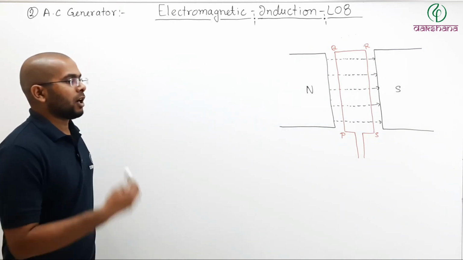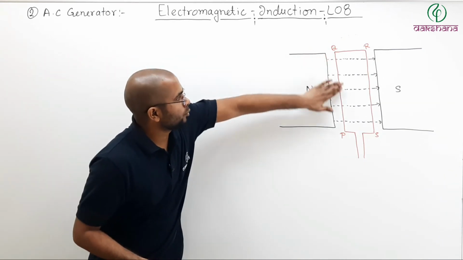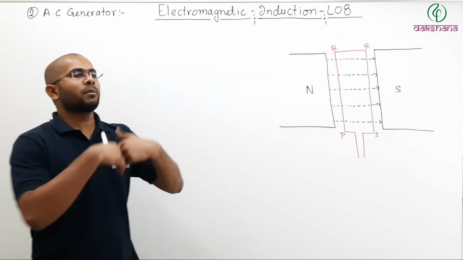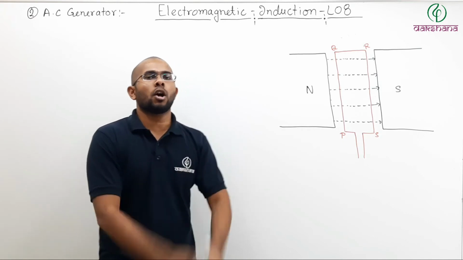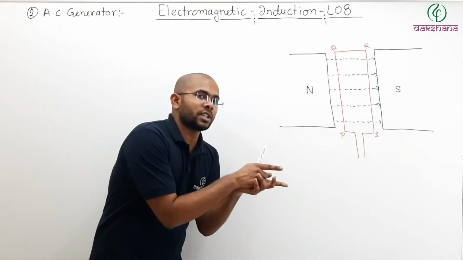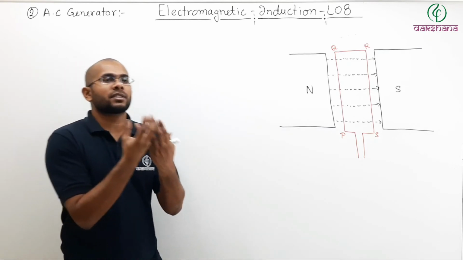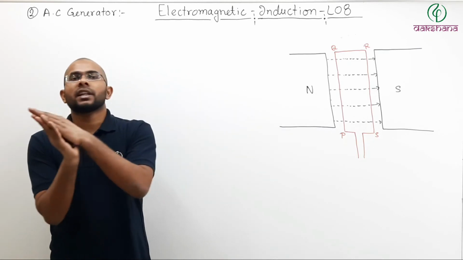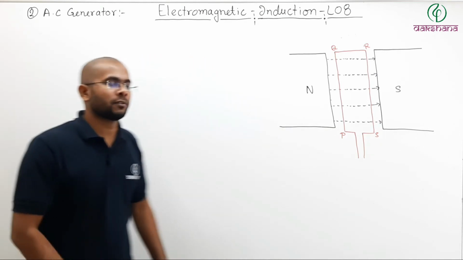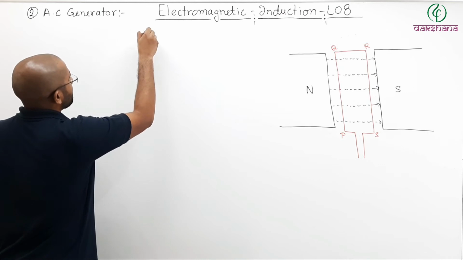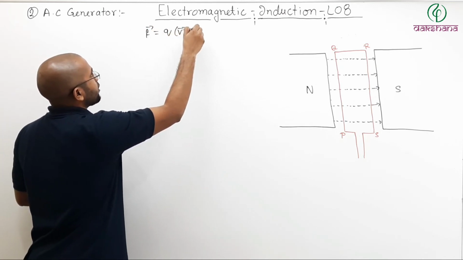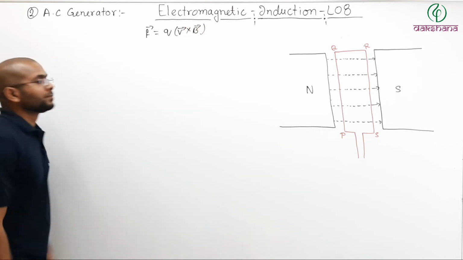If PQ is a metallic wire, there will be a lot of free electrons in this PQ arm, correct? Whenever a charged particle moves in a magnetic field, it experiences a force, which may be written as Q times V cross B.